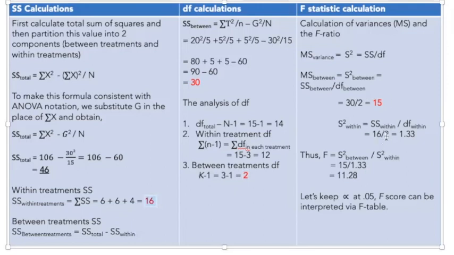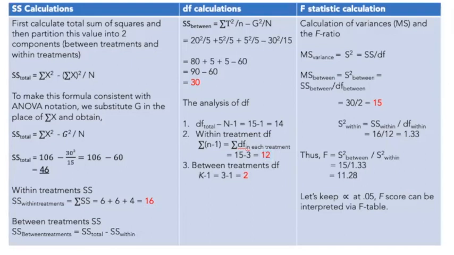16 divided by, once again, degrees of freedom within. The within value is actually 12. I have written it as 2, which has to be 12. So here we have 12, and the resulting answer is, 16 divided by 12 is 1.33.